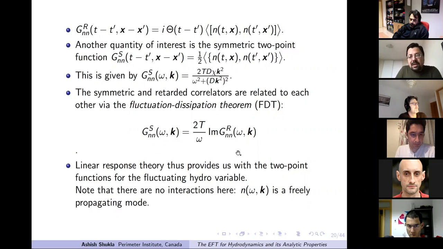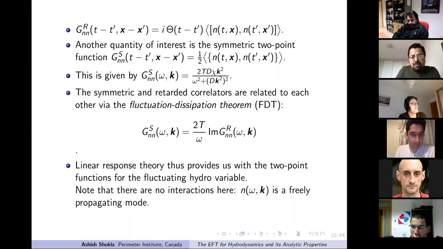I start with a retarded two-point function, and I can take its imaginary part and make a series expansion in small omega. This relation is only telling me about the linear term, so it is missing a lot of information that is present in the retarded correlator, and only picking up the piece that is linear in omega in the small omega limit, and that is my symmetric correlator.